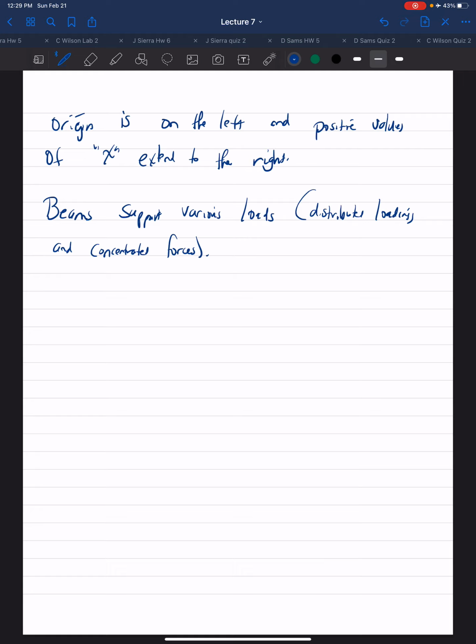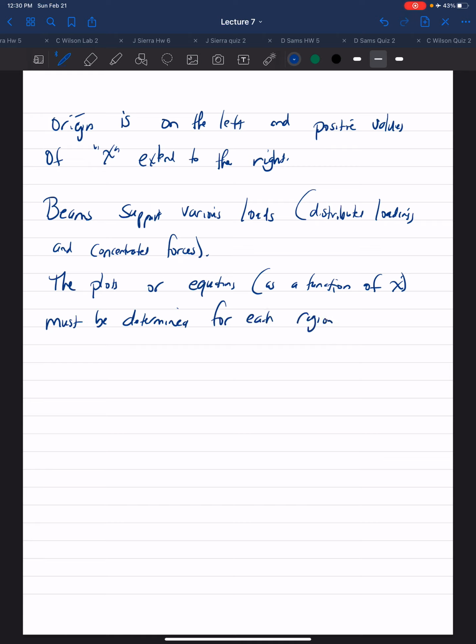Because of the different loads beams can support, the plots or equations as a function of distance x must be determined for each region of the beam between any two discontinuities of loading.